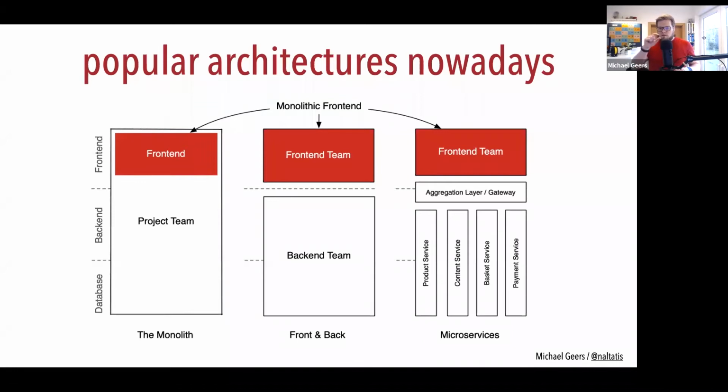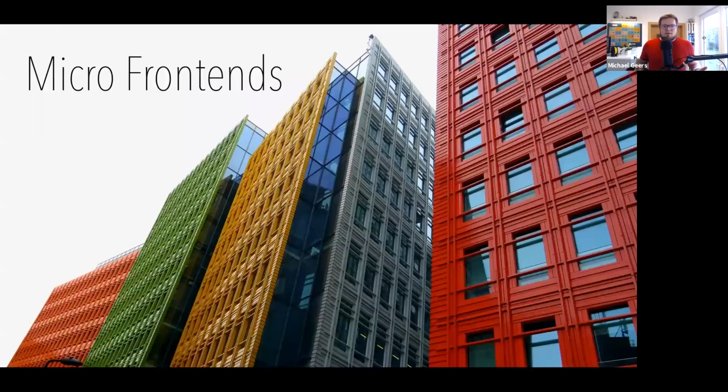But when we only look at the frontend, they're all monolithic systems with the problems that monolithic systems have. And over the last 7 years, I've been part of projects that implemented a different style of architecting a large application, which is not one of these three, but the fourth one, which is now called micro frontends.